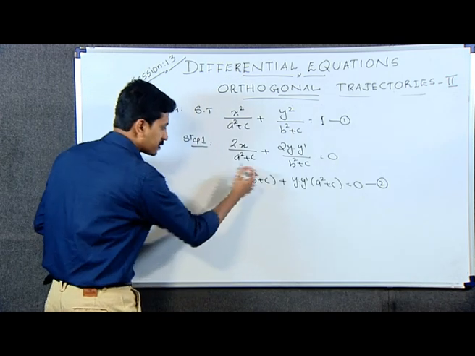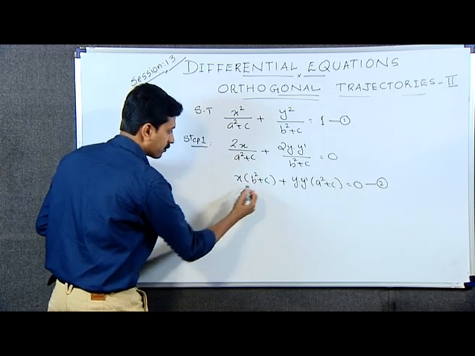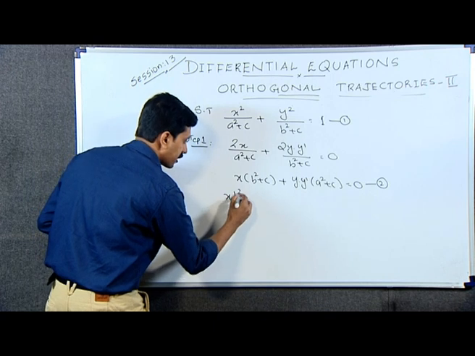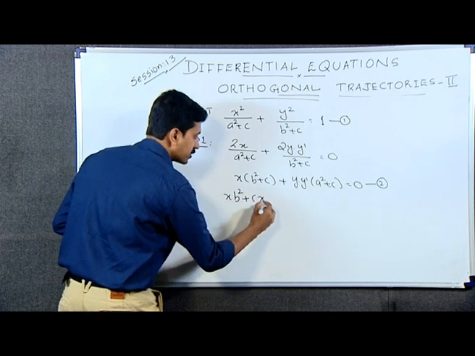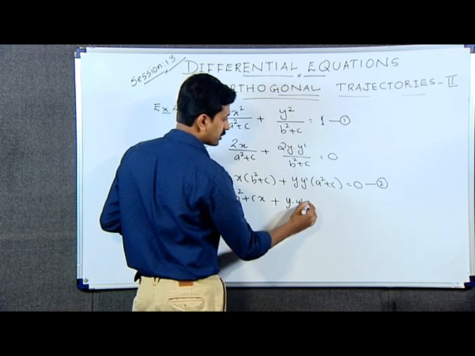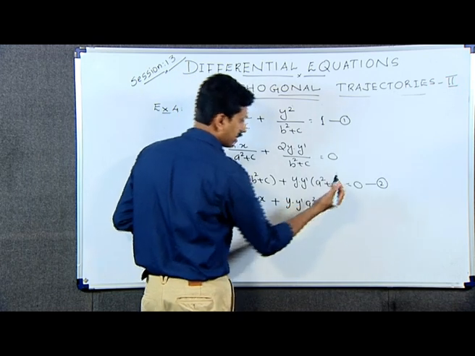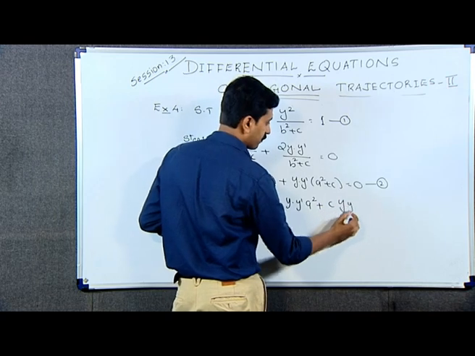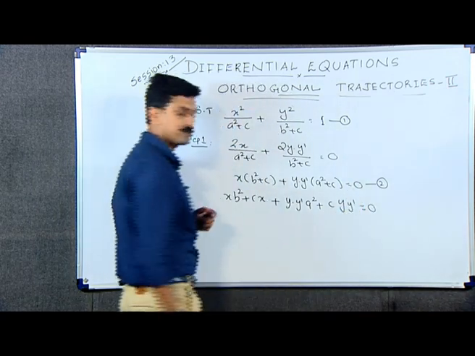Taking the denominators inside, we will have x into b square plus c plus y y dash into a square plus c equal to 0.